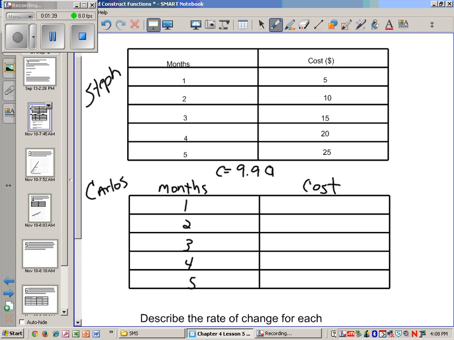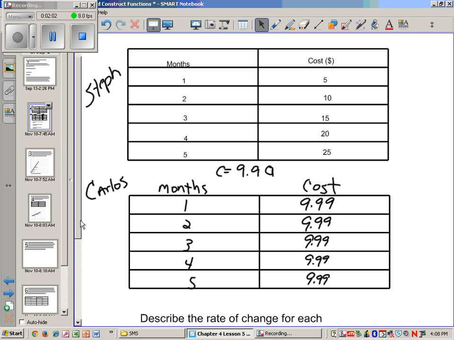So it doesn't matter for how many months. Each month it's going to cost $9.99. It's not C equals $9.99 times x months.